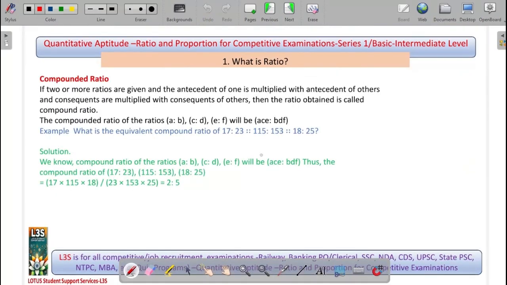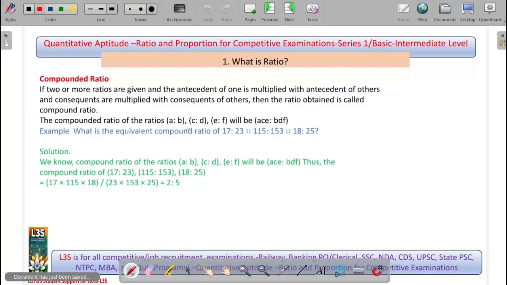Now, compounded ratio. If two or more ratios are given, say A is to B, C is to D, and the antecedent of one is multiplied with the antecedent of the other, and consequents are multiplied with the consequent of the other, then the ratio obtained is called the compounded ratio.